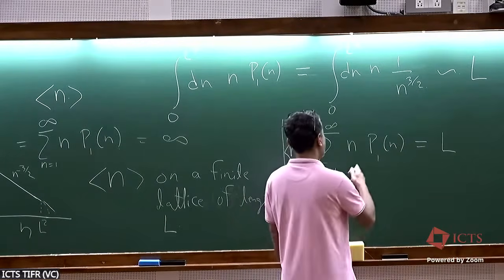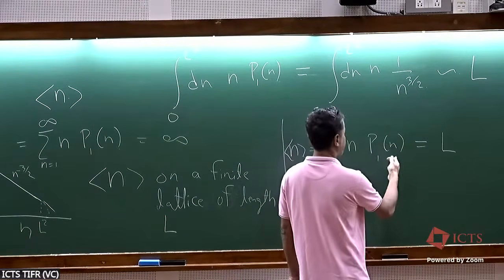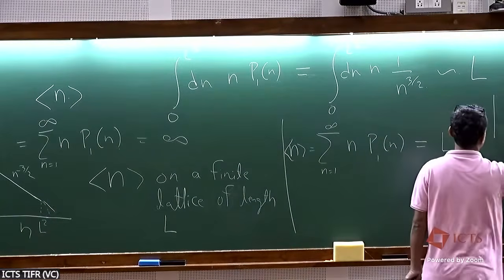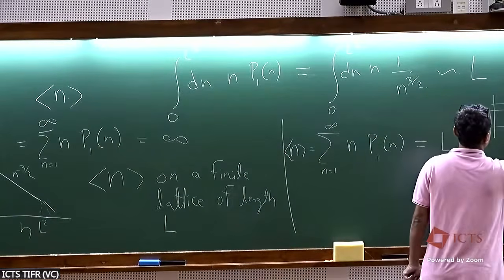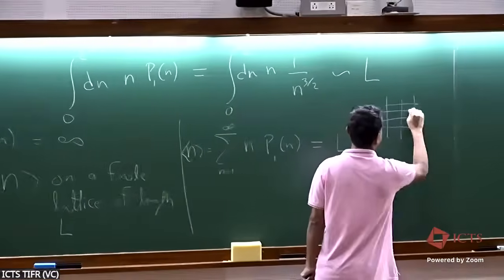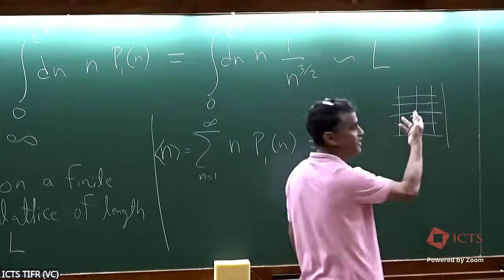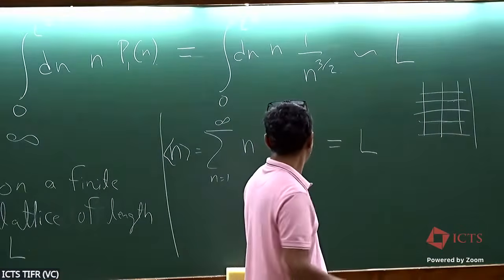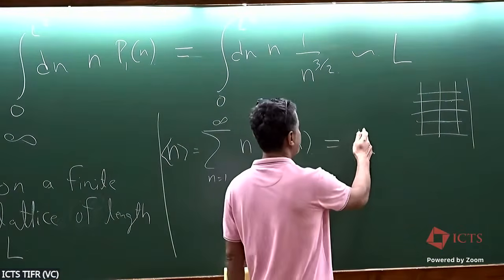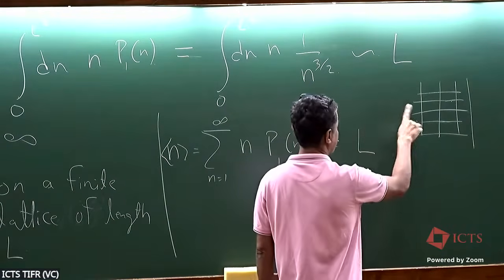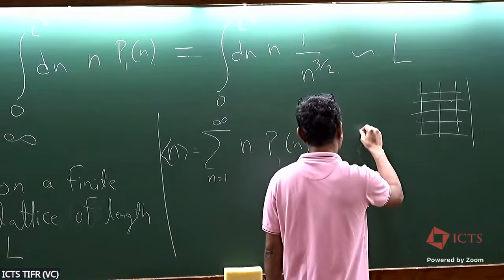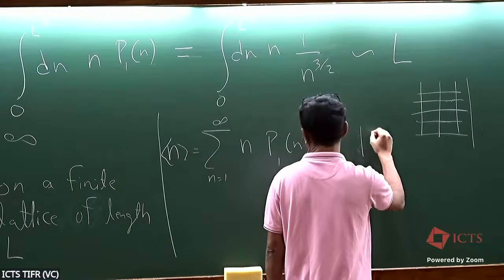So if you do it in any arbitrary dimension on a finite lattice, so let's say you have a square lattice with periodic boundary conditions, or it doesn't matter, even with hard walls, whatever. If you find this expected time, then it's exactly, so in d dimensions, let's say the number of sites is n.